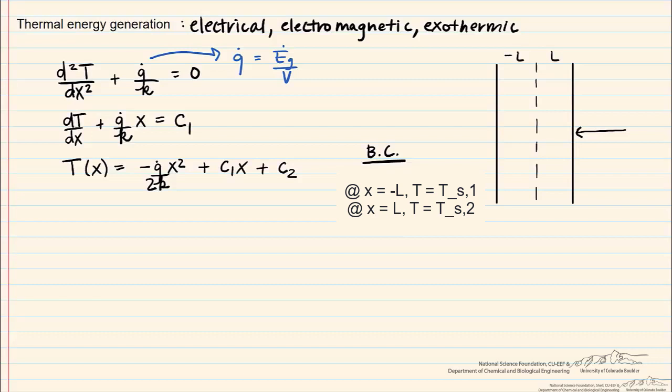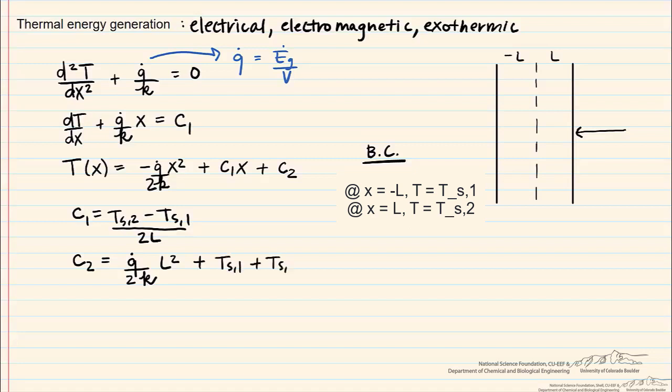And if we use these boundary conditions, we end up with the first constant, C1, is just Ts2 minus Ts1 divided by 2L. Our C2, a little bit more complicated, is that q dot term divided by 2k, all times L squared, plus Ts1 plus Ts2 divided by 2.